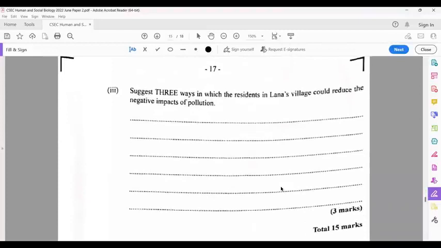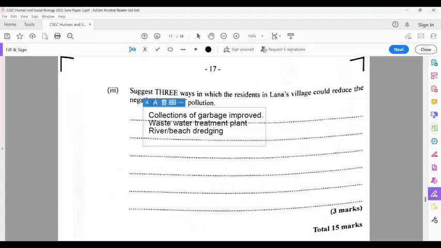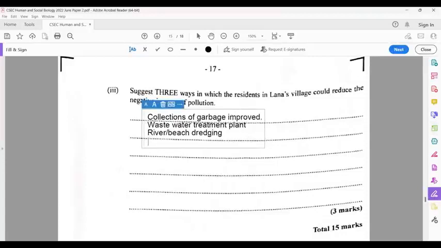Suggest 3 ways in which the residents in Lana's village could reduce the negative impacts of the pollution. So garbage collection needs to be improved. The sanitation company, sanitation workers, collecting this garbage on a more regular basis will improve it.